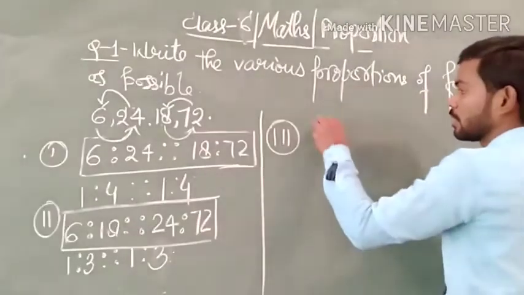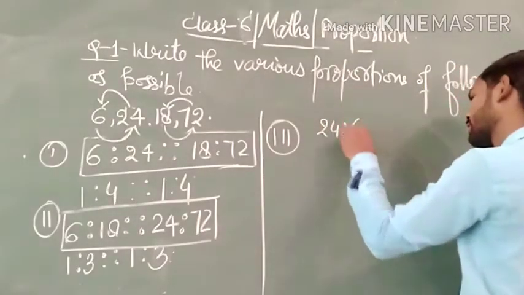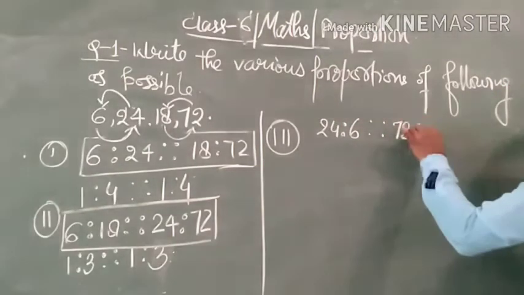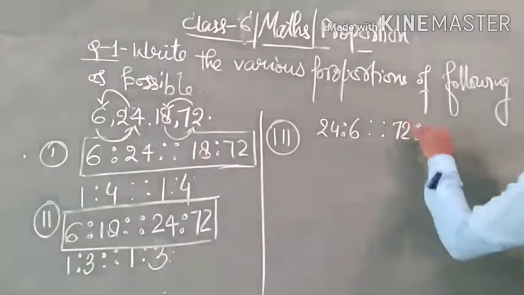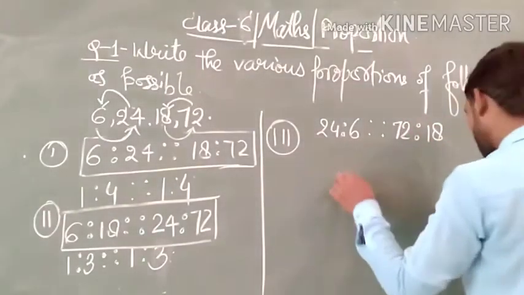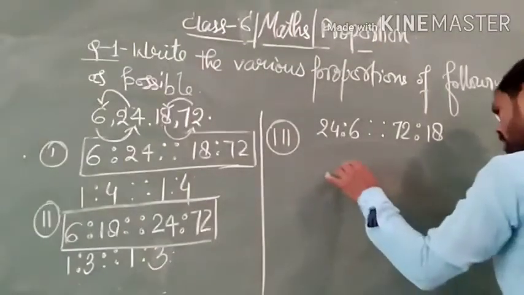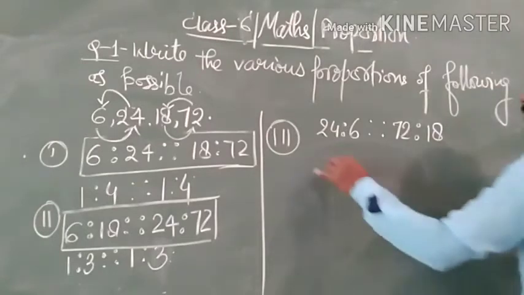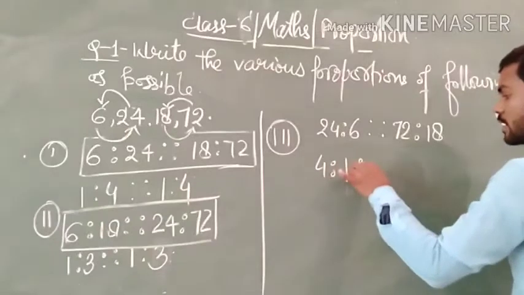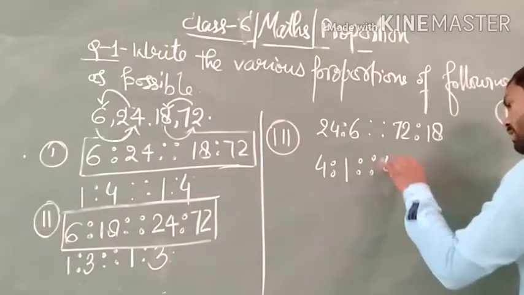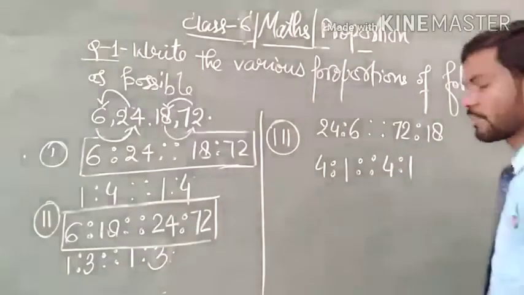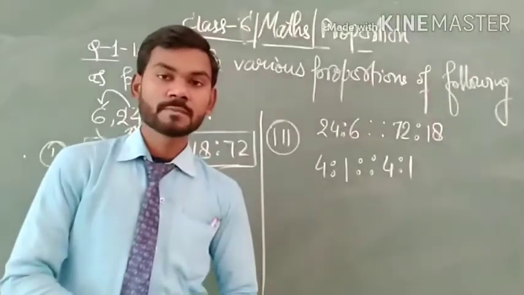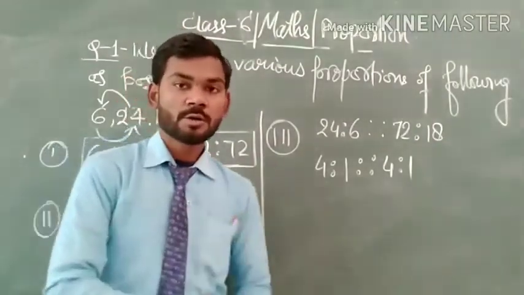So we get 24 ratio 6 proportional to 72 ratio 18. When we solve, we get 4 ratio 1 proportional to 4 ratio 1. So here we can also see that these ratios are equal and hence they are in proportion.